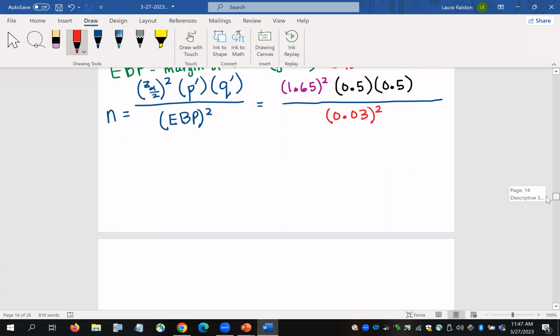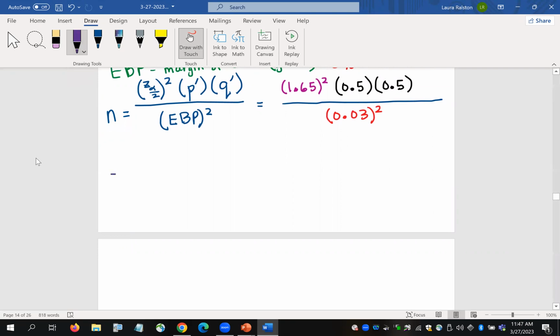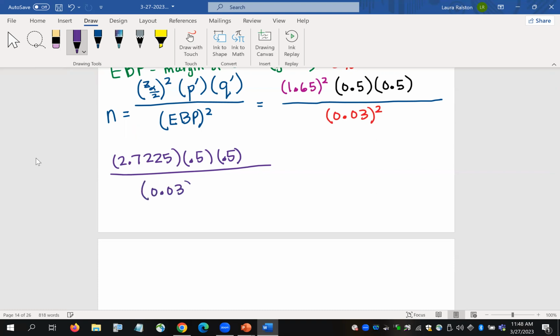Now here again, guys, you have to follow order of operations. So I'm going to start with the numerator, and I would do the squaring first. So 1.65 squared is 2.7225 times 0.5 times 0.5 times 0.03 squared.